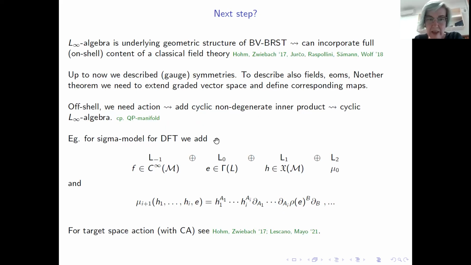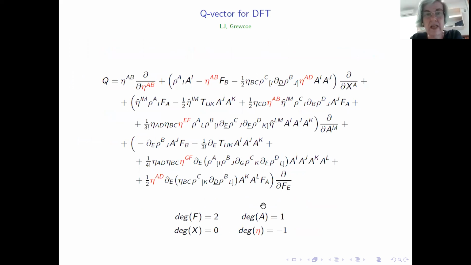However, even before I do this, what I can tell you is that given a curved L-infinity algebra, any L-infinity algebra, I can always calculate a Q vector that squares to 0. I can always find a degree 1 Q vector that squares to 0 for any given L-infinity algebra. Basically what you do, you go into the dual picture.